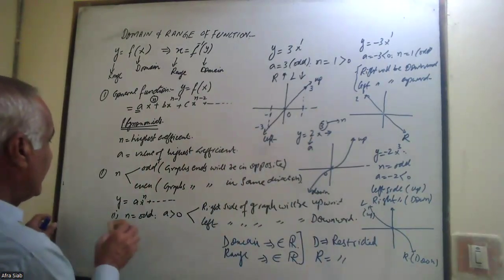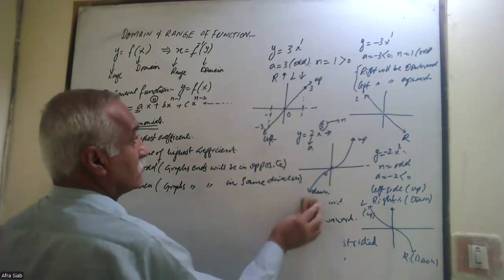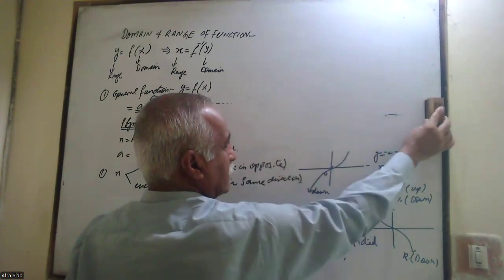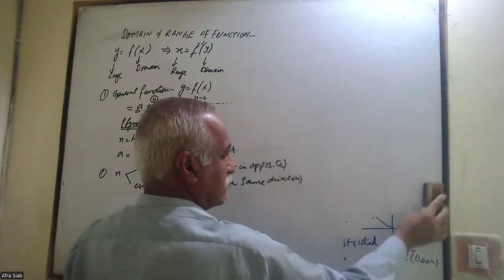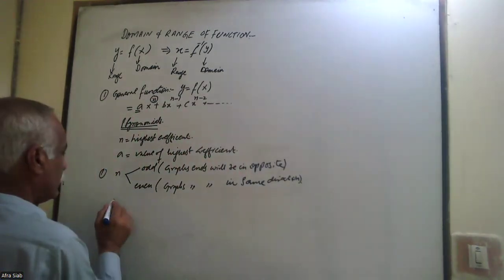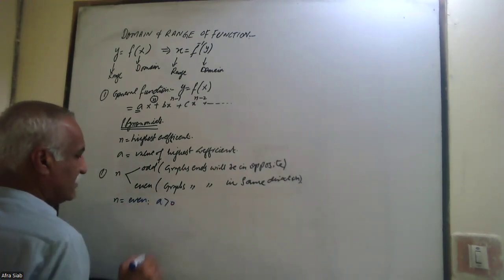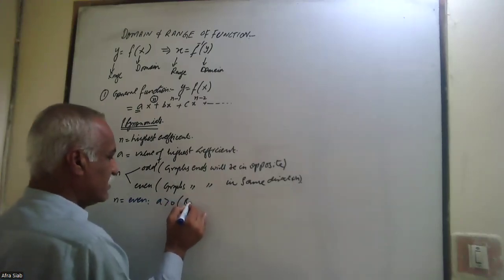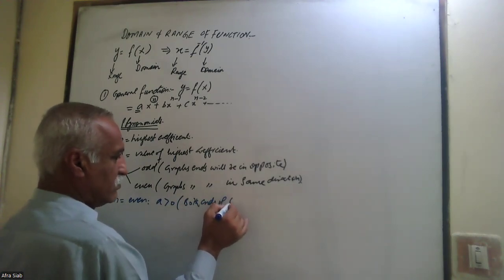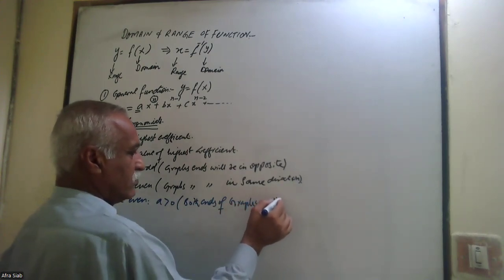Now, if n is an even number and a is greater than 0, then both ends of the graph will be upward.